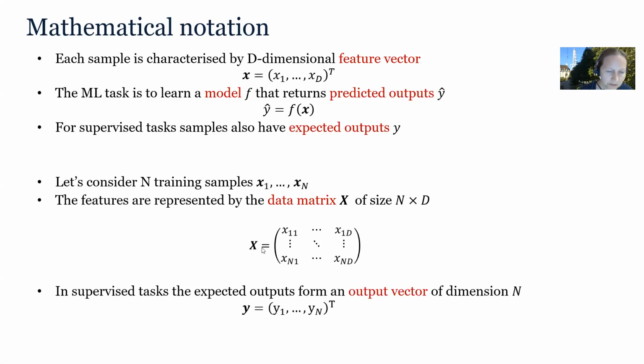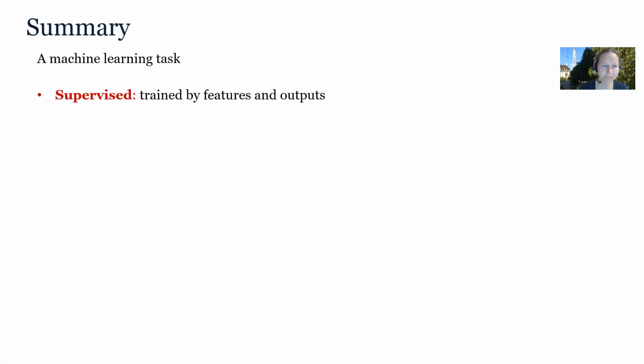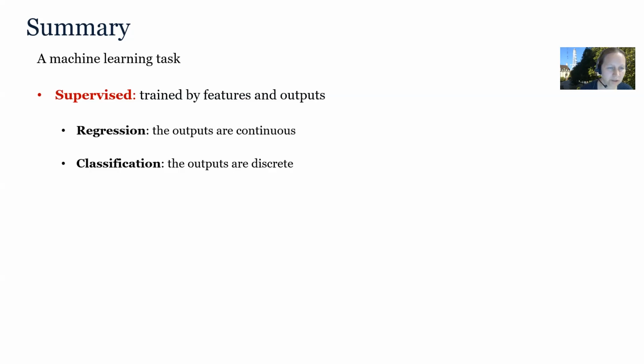And finally, in supervised tasks, the expected outputs form an output vector of dimension n, and we will denote it with bold y. So in summary, a machine learning task is supervised if it's trained by both features and outputs. In regression, the outputs are continuous, and in classification, they are discrete.